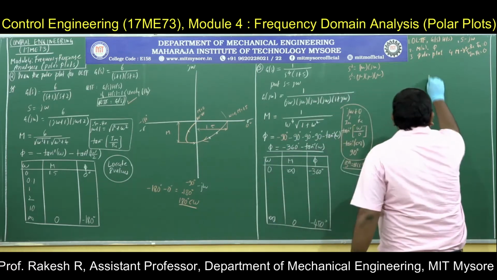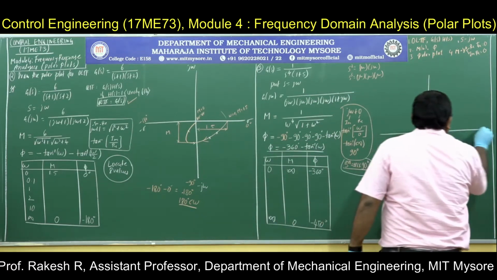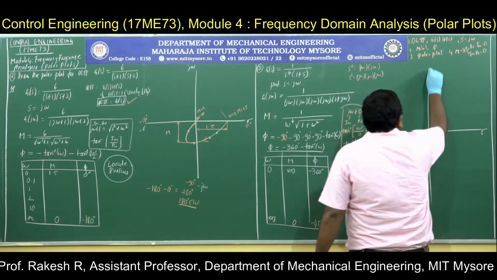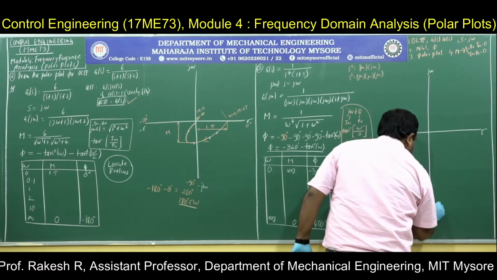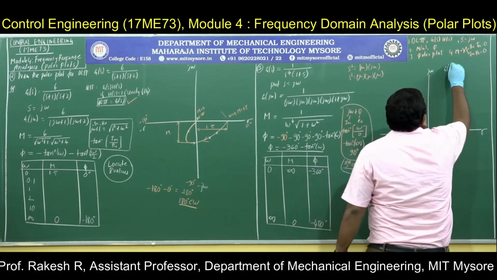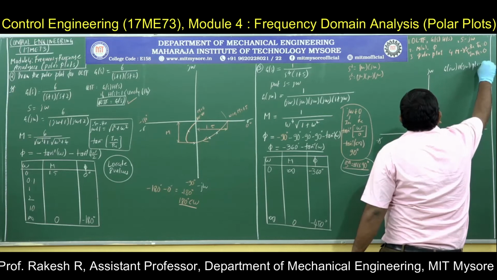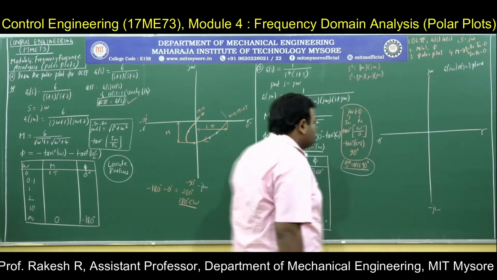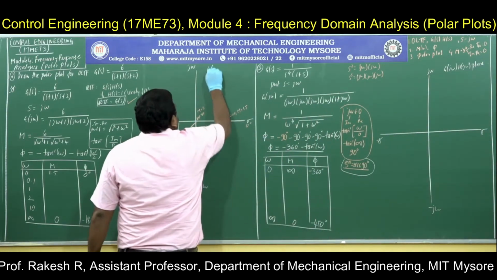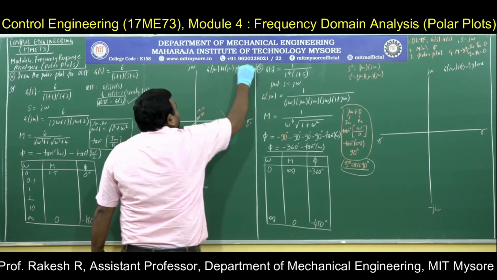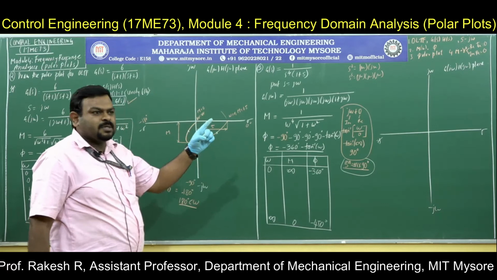So I will draw a plot. This is sigma, minus sigma, j omega, minus j omega, usually the G of j omega H of j omega plane. Here also the same thing, G of j omega H of j omega plane. You will be writing in frequency response function.